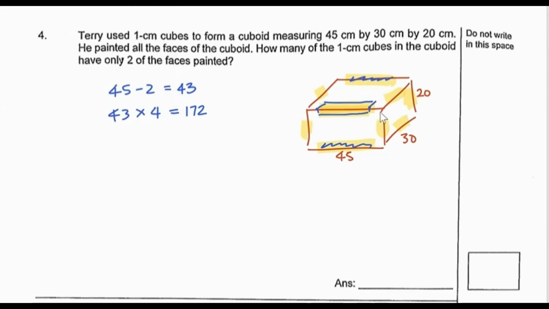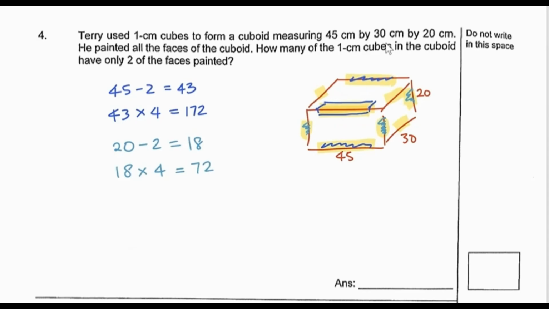Okay, next, let's use this. We have along the 20 cm. This part here, that is 20 minus 2. So that's 1, 2, 3, and then behind there's one more hidden one. So 18 times 4, which is 72.